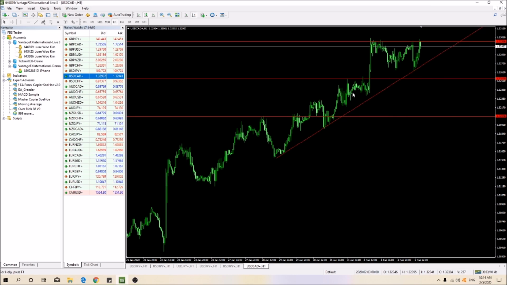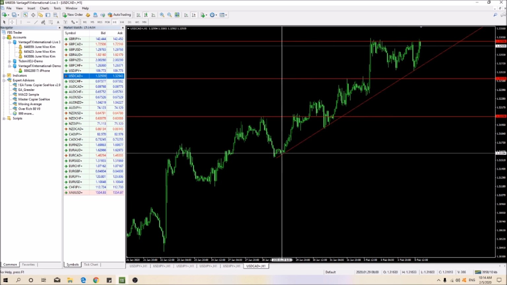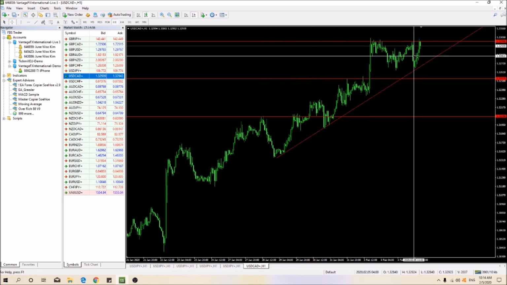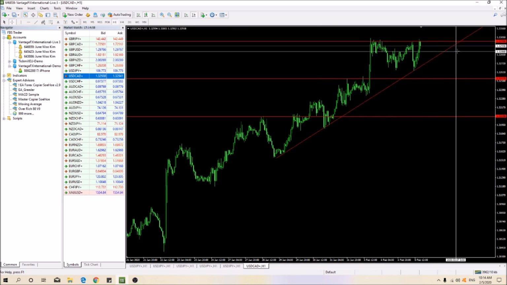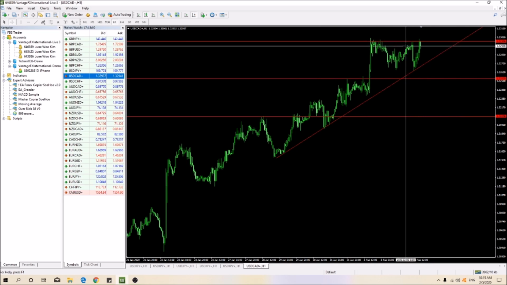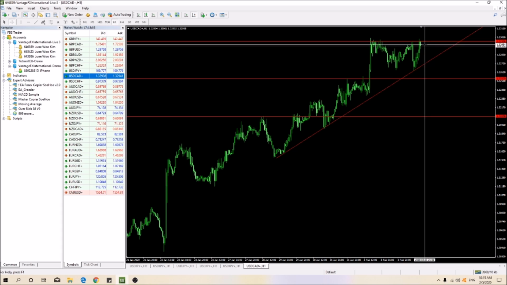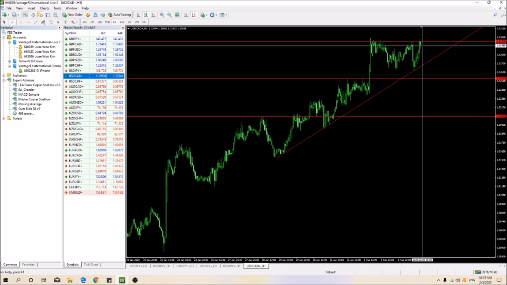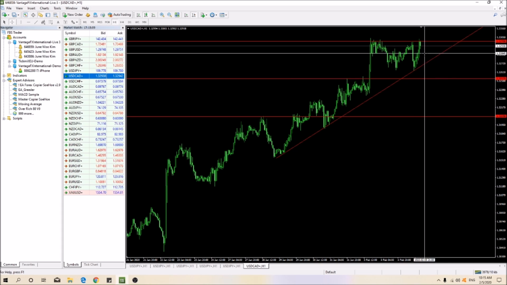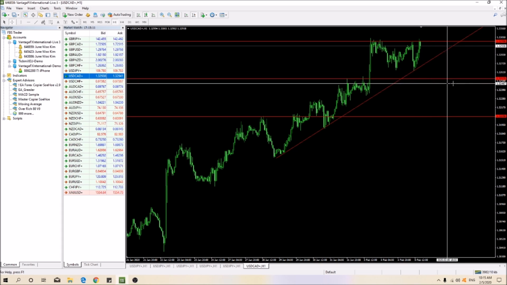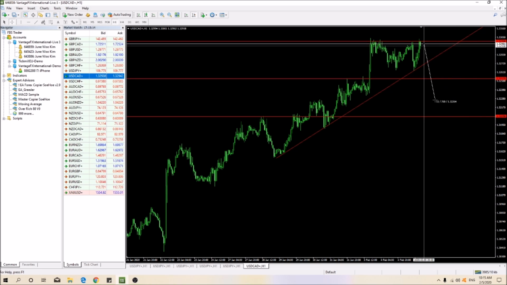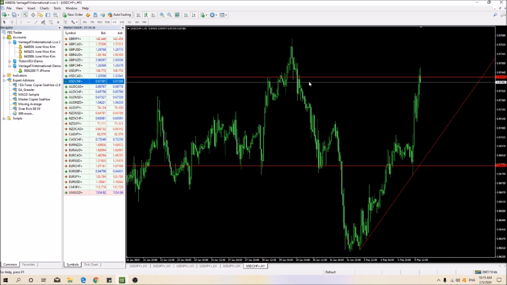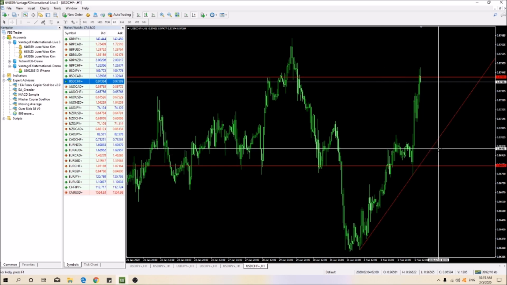We respected this trend line 3 times, and this just shows that the price was bullish, and now we're at this key resistance level. So what I'm thinking is that the price is going to go back down. We can see either kind of a rangy market once it touches the support line, or we can see a breakout to the downside.